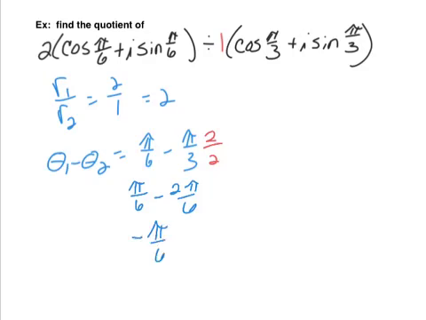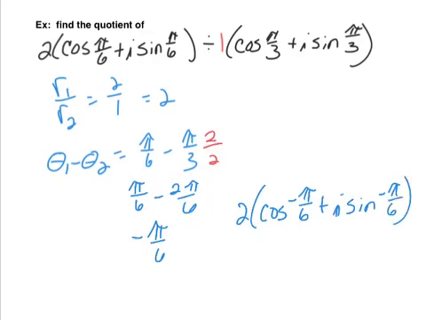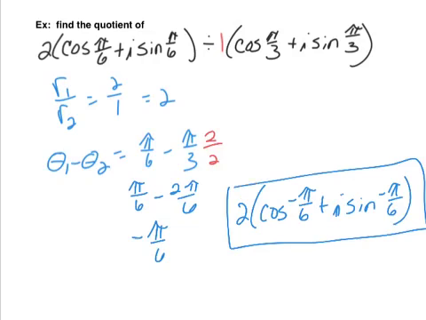So in the end, the quotient, the final answer, is going to be 2 times the cosine of negative pi over 6 plus i times the sine of negative pi over 6. And that's the answer in polar form, and we'll look at what it would be if we converted to rectangular form. We will talk about that in class.